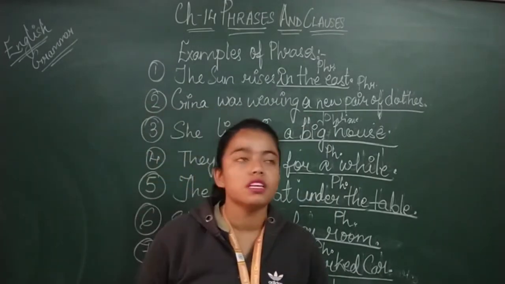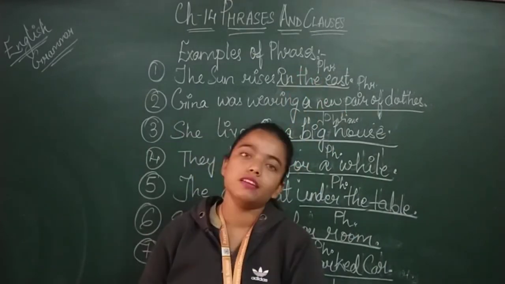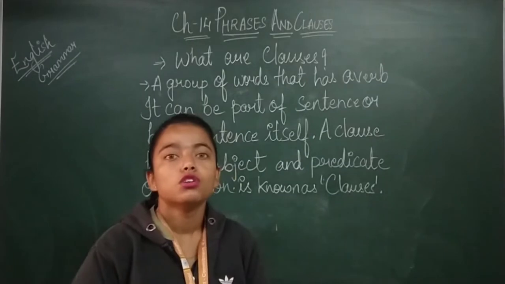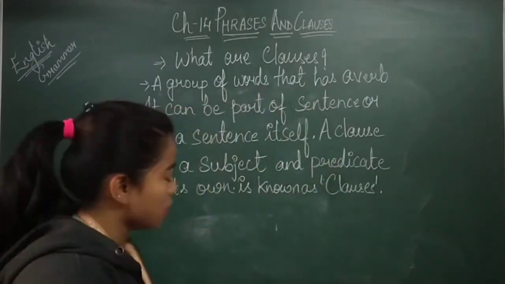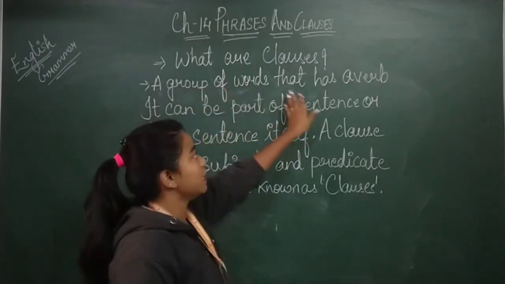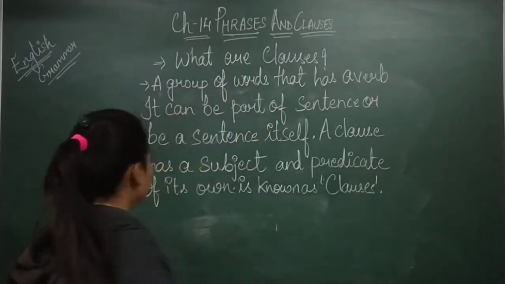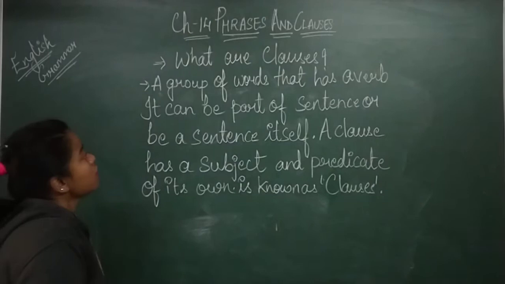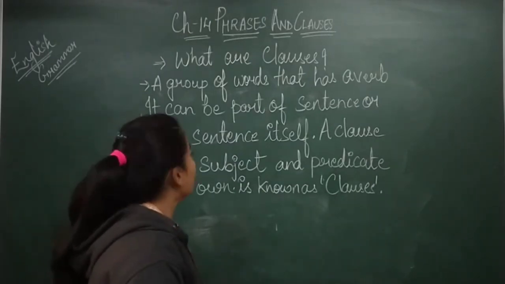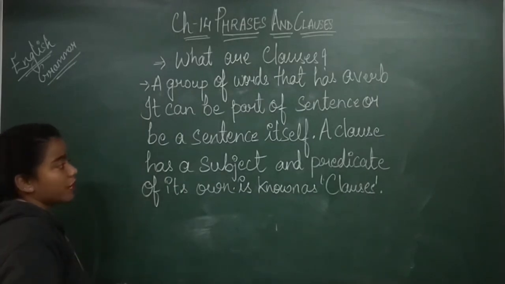So now we will see clauses with some examples. So let's continue. What are clauses? Let's see the definition of it. A group of words that has a verb. It can be part of a sentence or be a sentence itself. A clause has a subject and a predicate of its own.